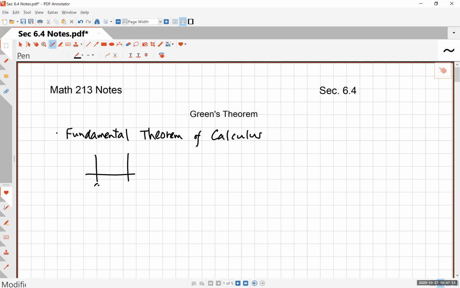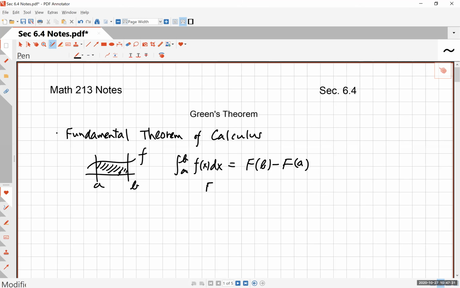So we have an interval [a, b], and you have this function. Of course, the area of this region is the definite integral from a to b of f(x) dx, and we write this as F(b) minus F(a).